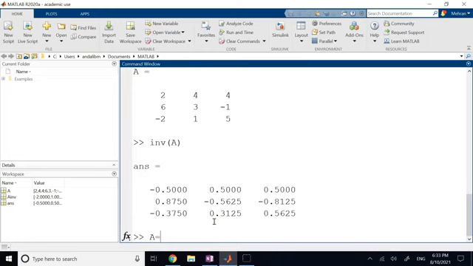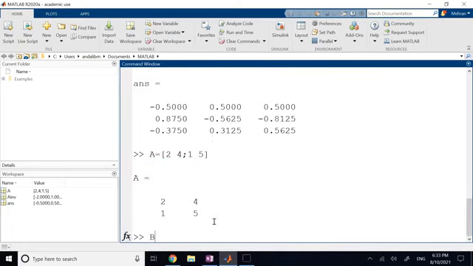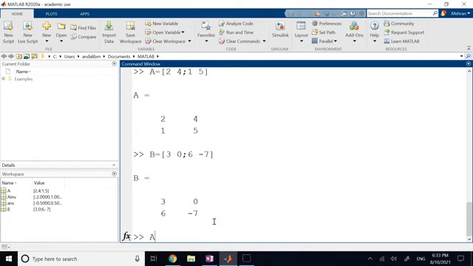So here we can look at it with one single example. A is, and we go with the 2 by 2 matrix, 2, 4, 1, and 5, and B is equal to, let's say, 3, 0, 6, and negative 7. So what is inverse of A plus B? This is this one.